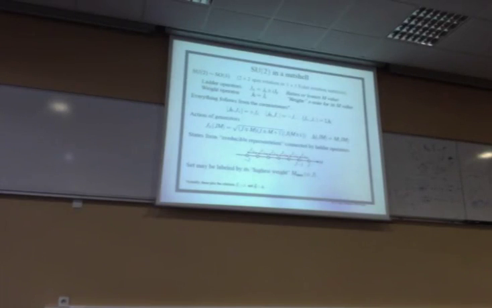Before or after acting with J minus gives you a minus sign difference. It lowers M by 1. And then we have this closure relation here, this remaining commutator.